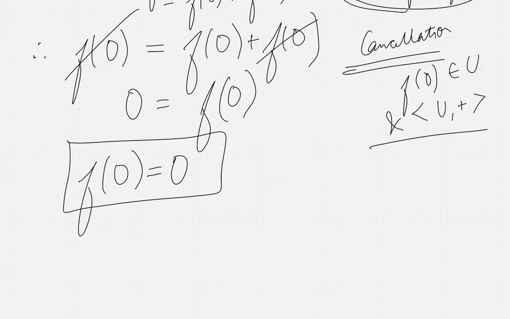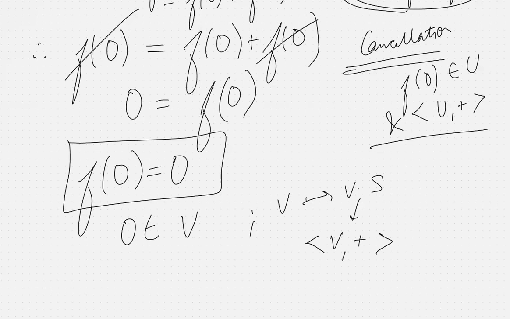See, 0 will always belong to the vector space. 0 will always belong to V, the domain. Why? Because V is a vector space, and vector space means V comma plus is an abelian group. And if it is an abelian group, all the 5 properties are satisfied.